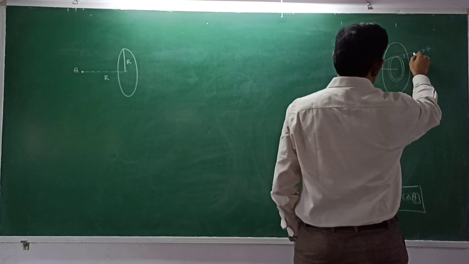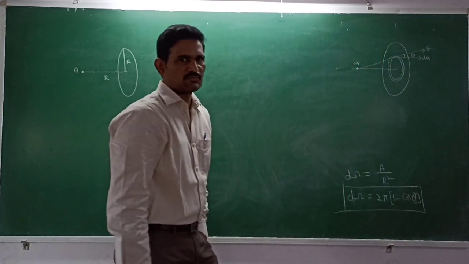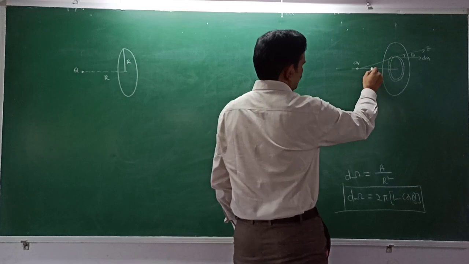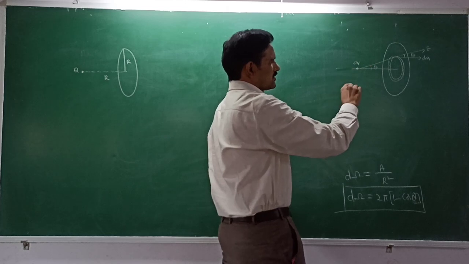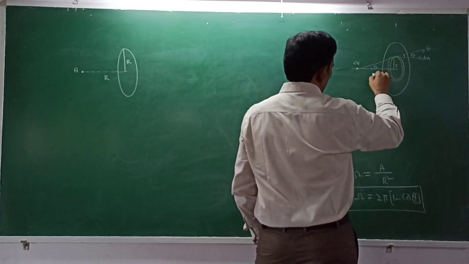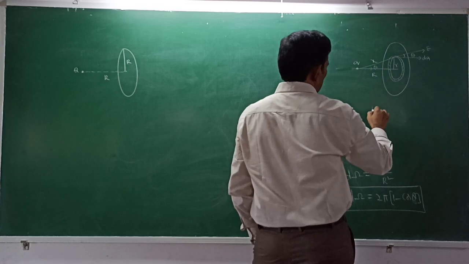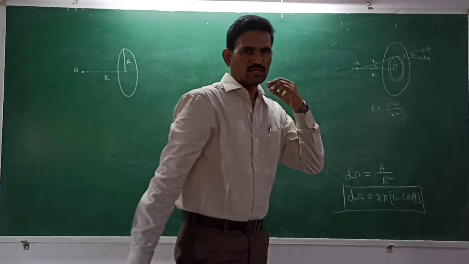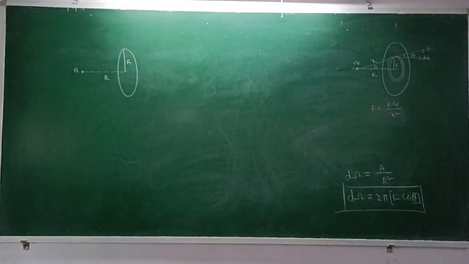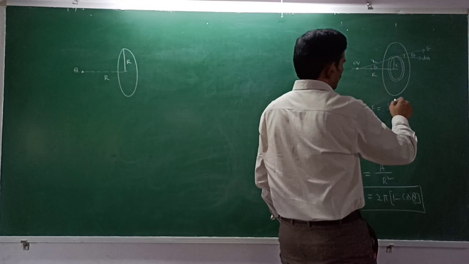So this angle theta we can consider here. This distance is r and this is capital R. This distance x, then the electric field expression is kq by x square.